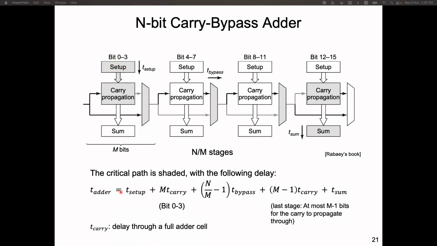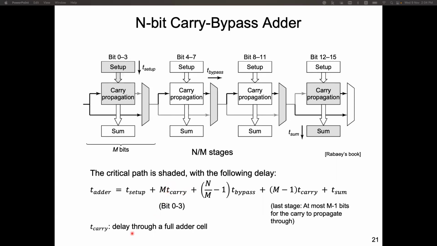It has setup time to generate a P and G for each bit, and this is quick. It does not depend on carry in. So we have setup time here, and for the first stage, the carrier needs to propagate through all the stages because it's the first one. So it's m bits, and we have m times T carrier delay.